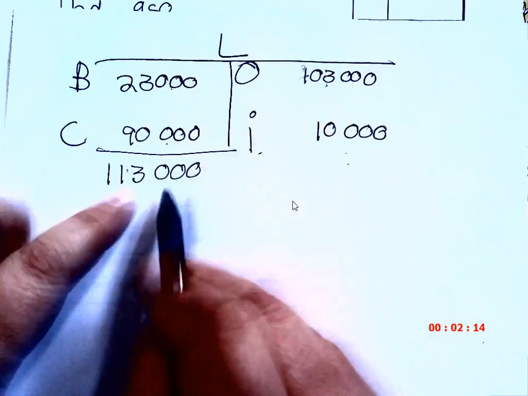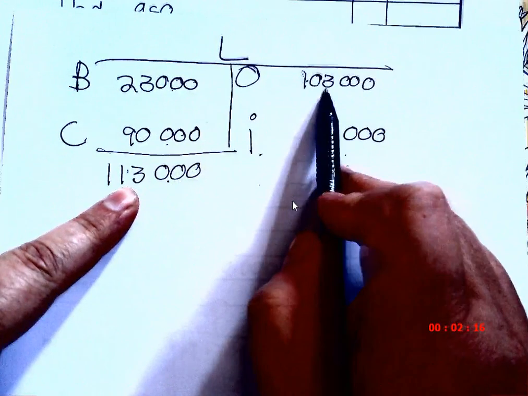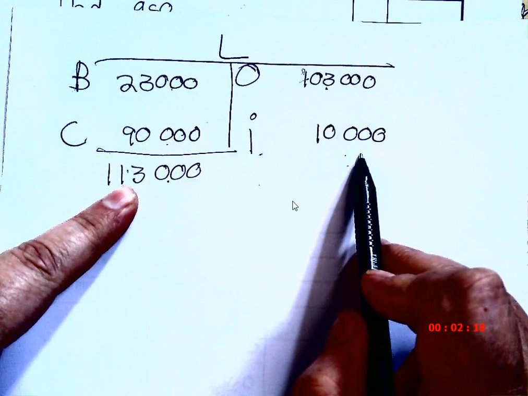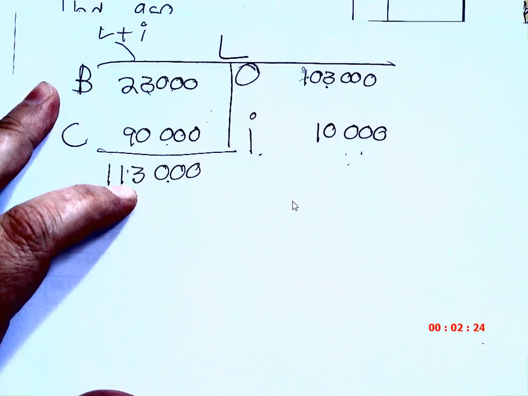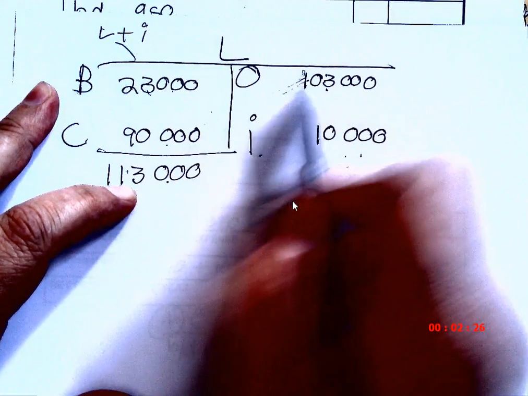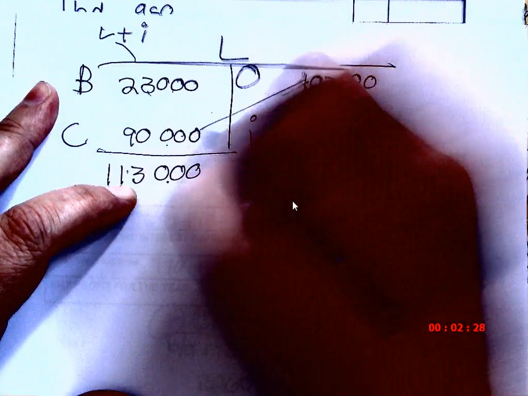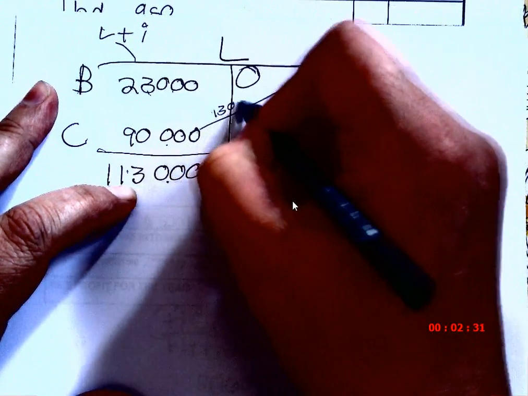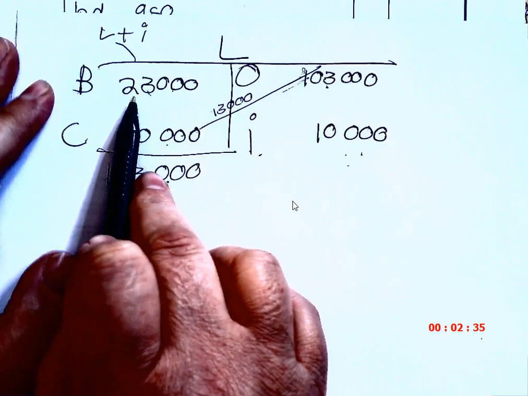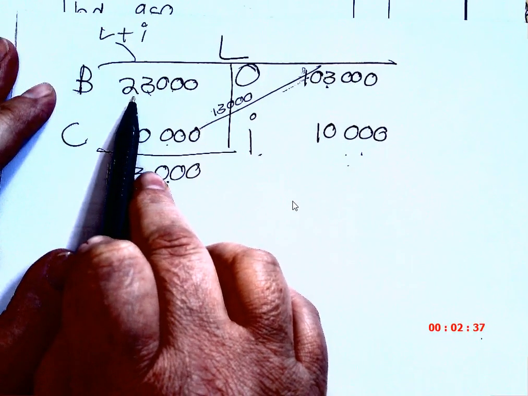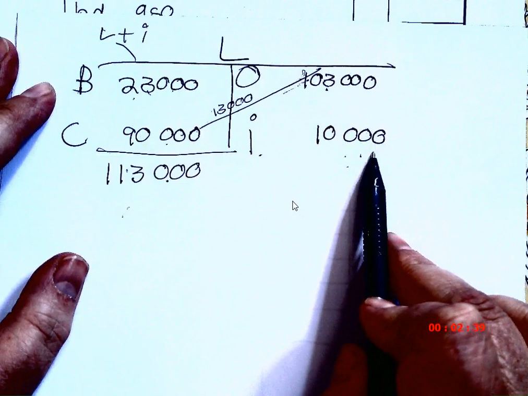And the difference between 113 and 103 gives me 10. Or I can say, oh, I know this is the loan and the interest. So I can see I paid back 13,000. Né? You can see that. And because I paid back 13,000, but in total I paid 23, then it means 10,000 was interest.